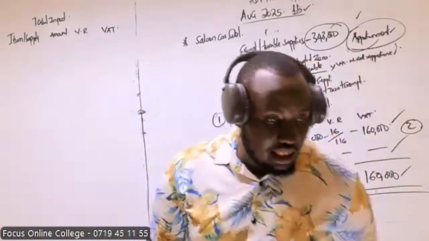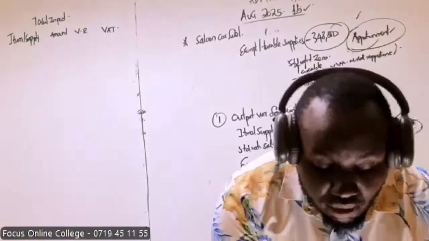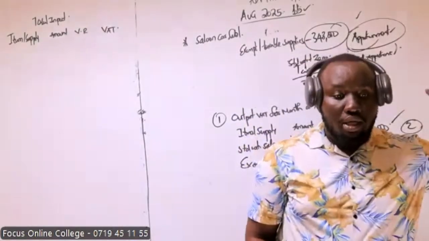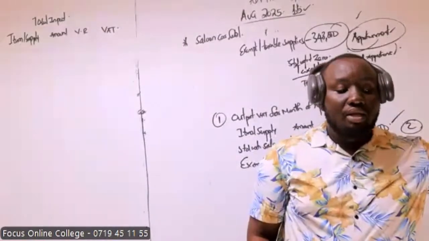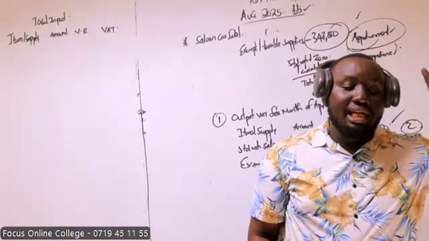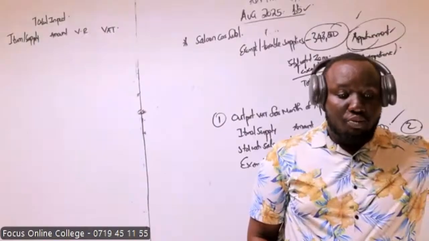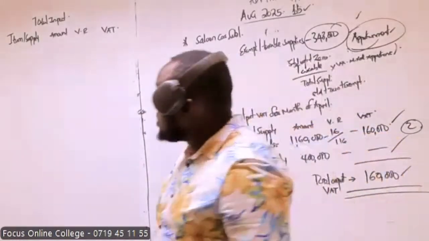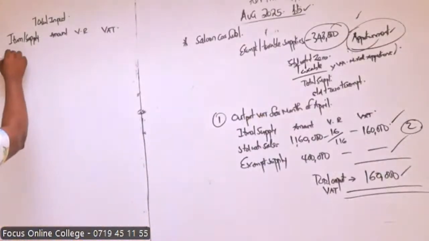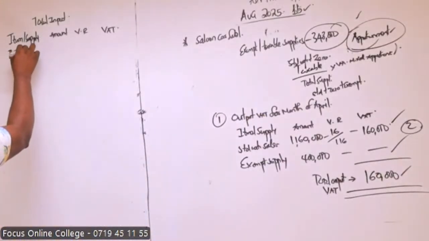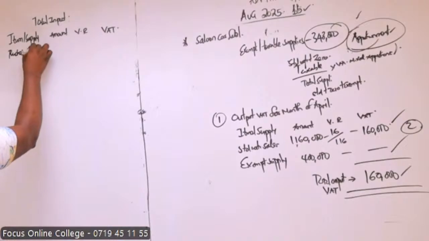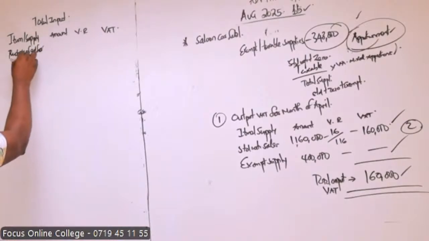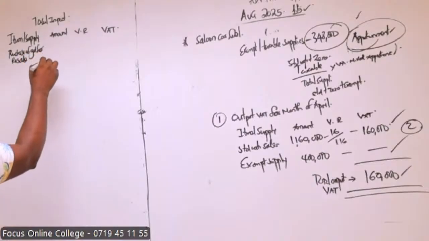So our focus is now on the input, total input. From there, we shall be able to identify. First of all, we get the total input. So, purchase of goods for resale.